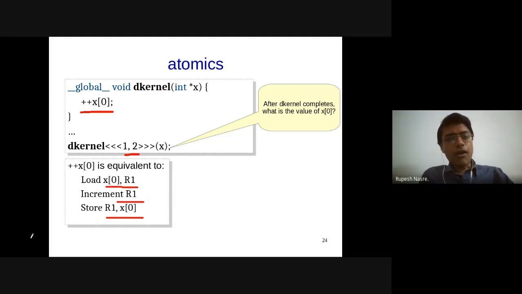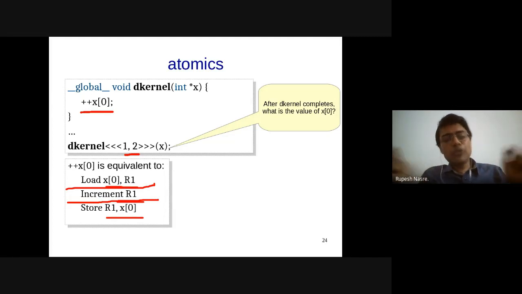Therefore, all of these operations are going to have an implicit barrier here. That means that all the loading is going to finish. Both the threads are going to load the value into their individual registers. Then both the threads are going to increment their own registers to value 1.